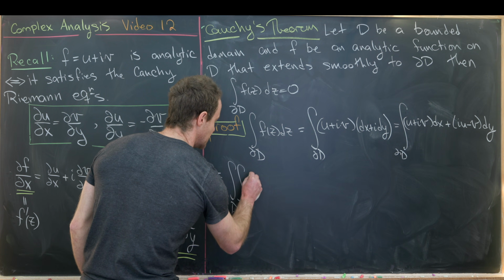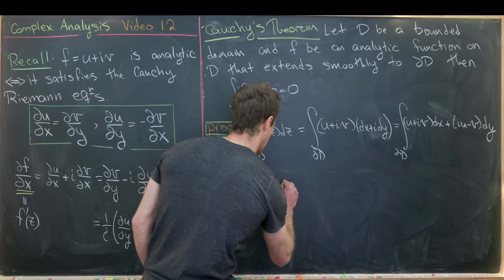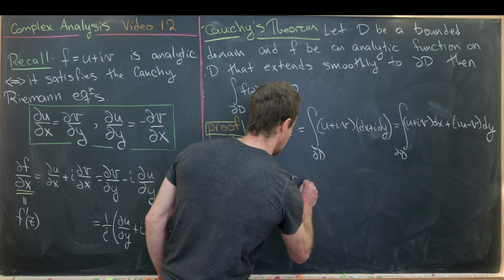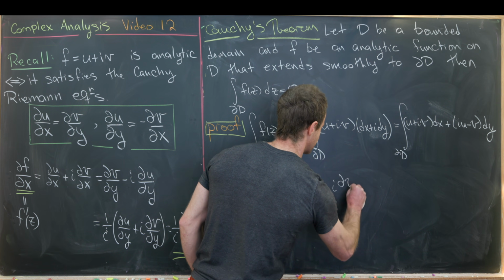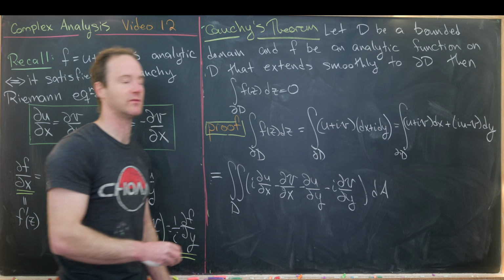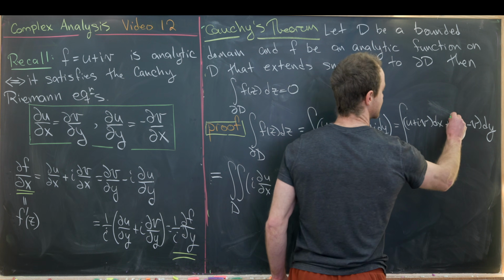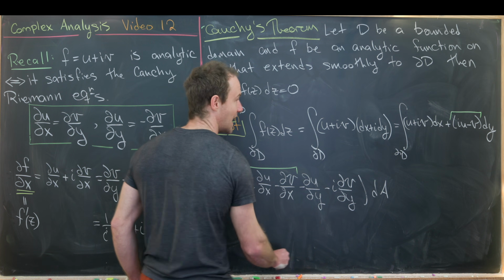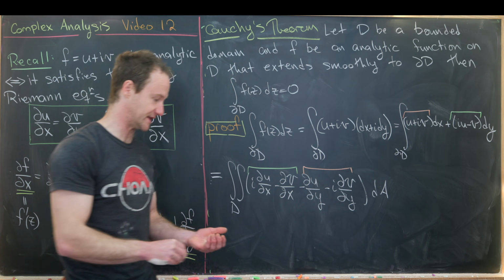So that's going to be equal to i times (partial u with respect to x minus partial v with respect to x), and then minus (partial u with respect to y minus i times the partial of v with respect to y), dA, because now that's a double integral. Okay, so just to reiterate, that was the partial of this with respect to x minus the partial of this with respect to y by Green's theorem.